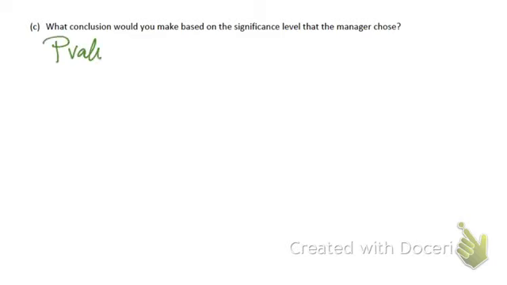The p-value is 0.0385. How does that relate to the threshold or the alpha that the manager has chosen? That is less than the alpha of 0.1. And what do we do when the p-value is low? Reject it.